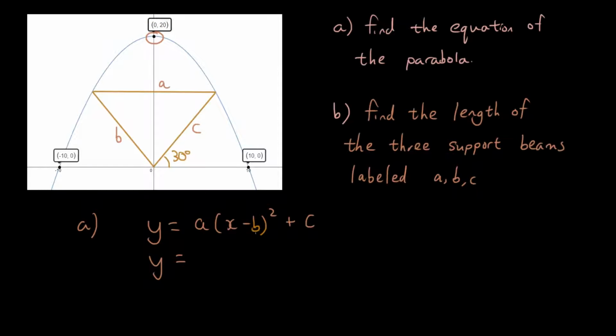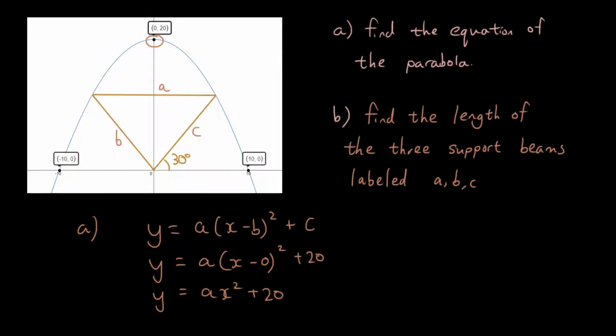So that means b must be 0 and c must be 20. So a(x minus 0) squared plus 20. So in other words, it's y equals ax squared plus 20, right? Because x minus 0 is just x.